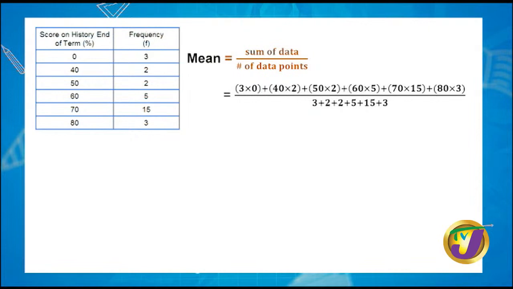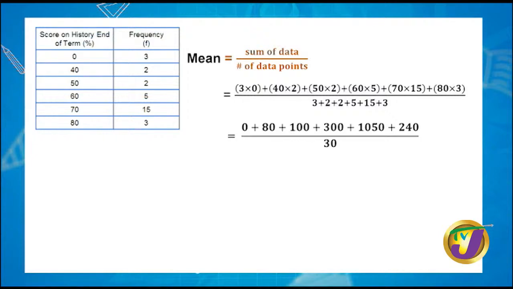From the table, we can see that 2 of them got 40, so that's 80. 2 of them also got 50, and so on. So here we're multiplying the frequency by the score, and that will give you the subtotal for each group of students. So the group of students who got 0, the group who got 40, and so on.